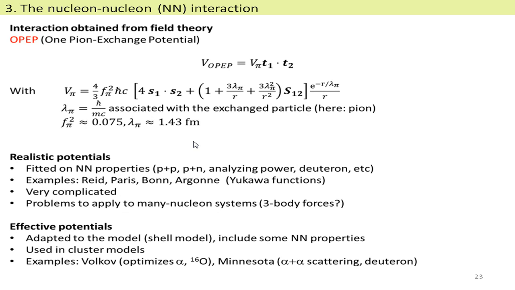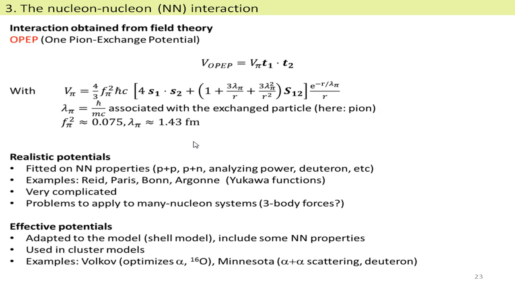You have here two typical examples: the Volkov interactions, which optimize the description of the alpha and oxygen-16 nuclei, and the Minnesota potential, which is well adapted to alpha plus alpha scattering and also reproduces the deuteron binding energy.